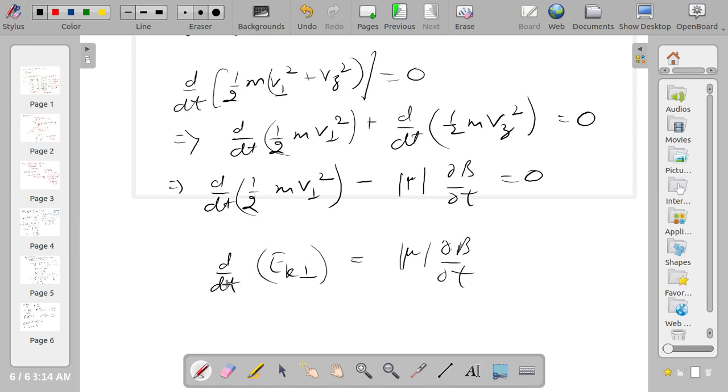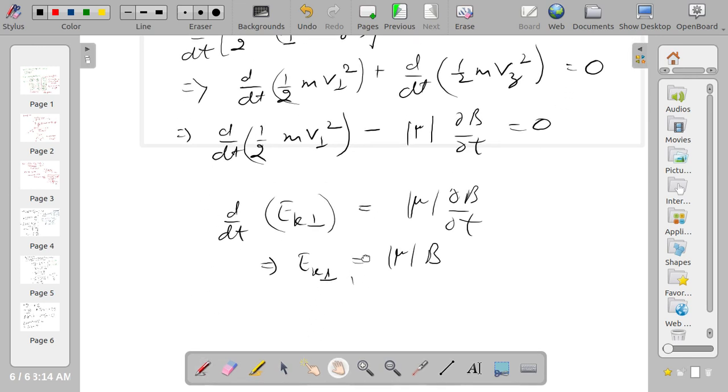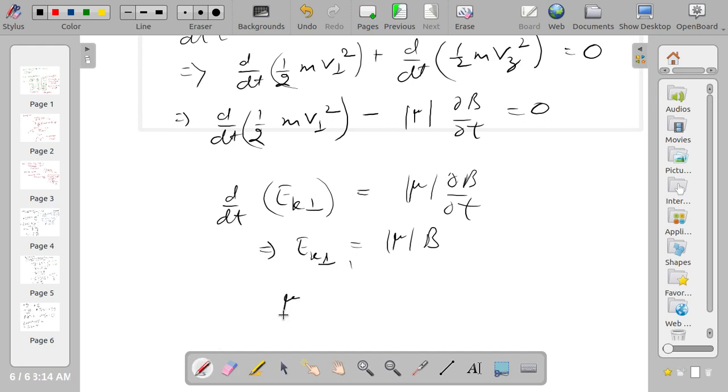So if I take the integral of these two sides, I can conclude that E_k perpendicular is nearly equal to mu B, or I can write down that mu is equal to E_k perpendicular over B. So this is the final result which we are getting.